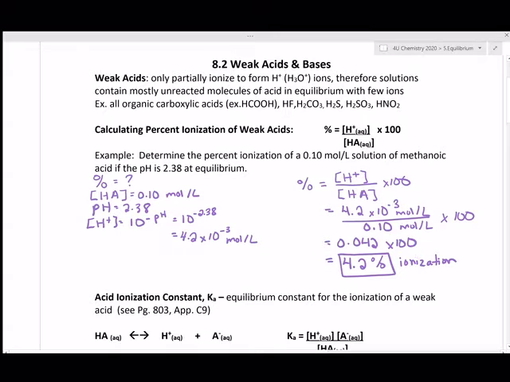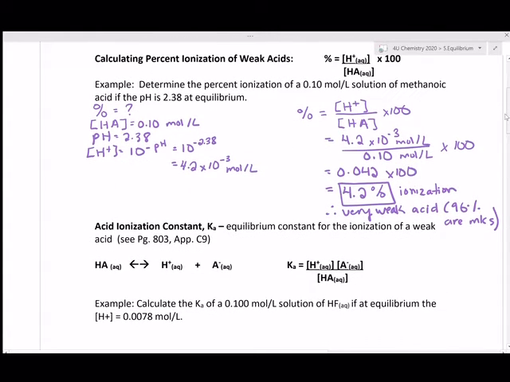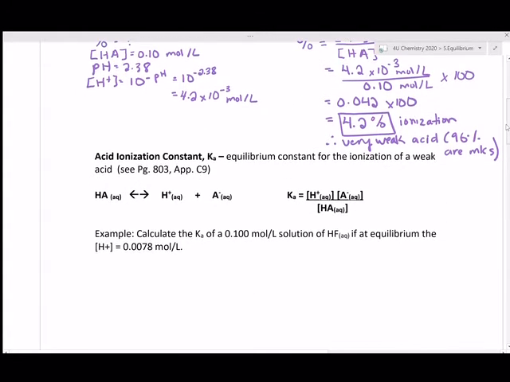That tells us that it is a very weak acid, because 96% are still full acid molecules. Okay, so 96% are molecules still, and therefore not affecting the pH. So that is one type of calculation and gives you just a better understanding of weak acids.